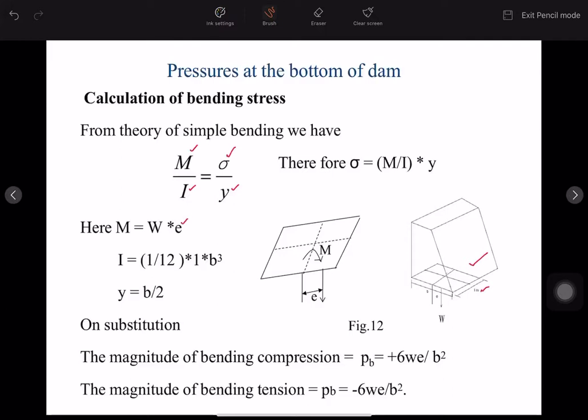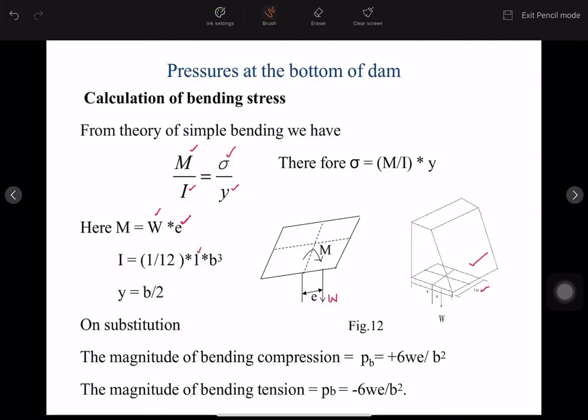That is the eccentricity. Moment is force into perpendicular distance, which is W into E, and I will be like this, not BD cube by 12, it will be DB cube by 12, right?